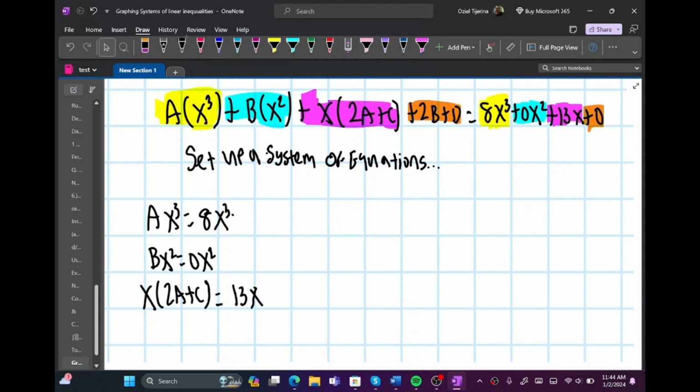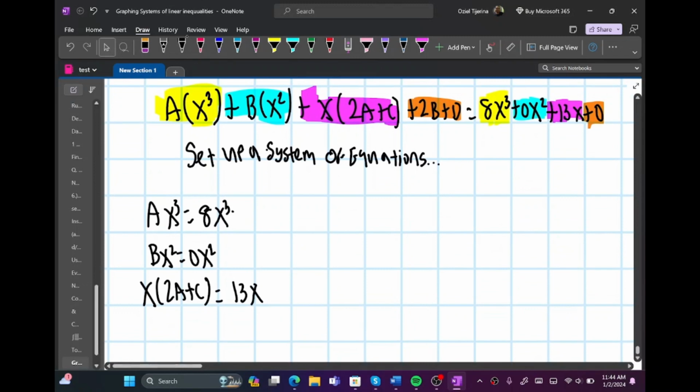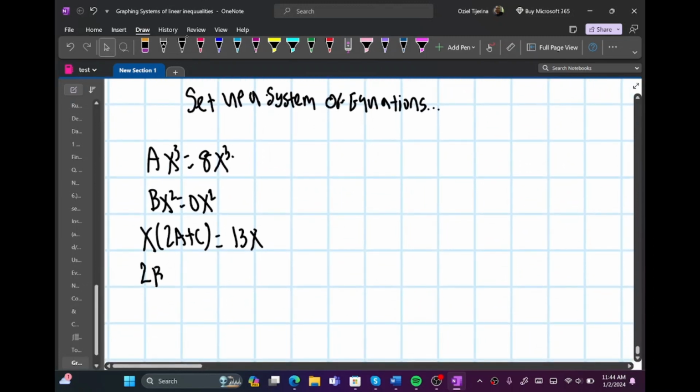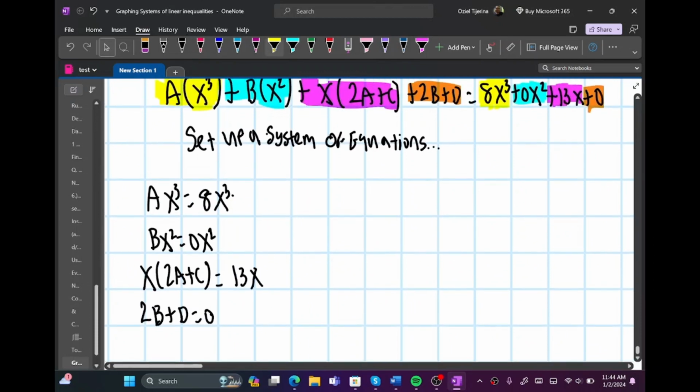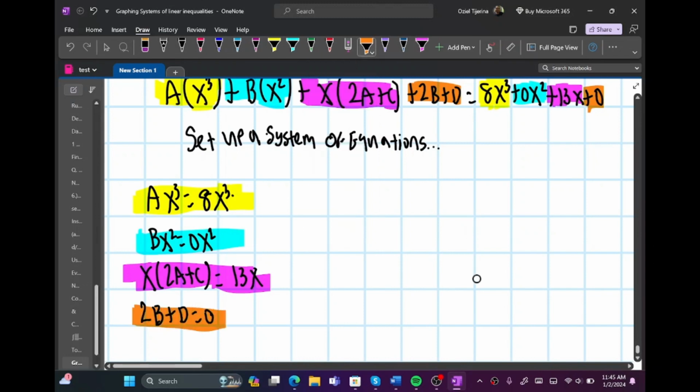And then the 2b plus d equals 0. Again, I am going to color code these. Like I said, this one was in yellow, this is in baby blue or aqua, and this is in hot pink right here. Okay, guys, and then the last part is in orange. So just be very careful with how you do this. It is very tedious. Okay.